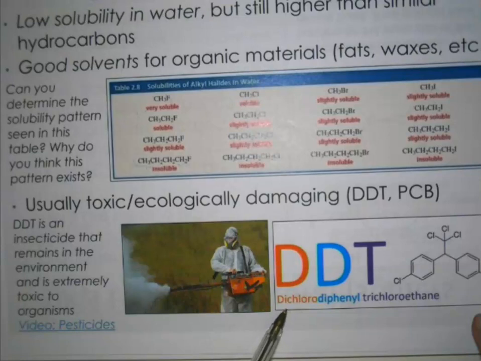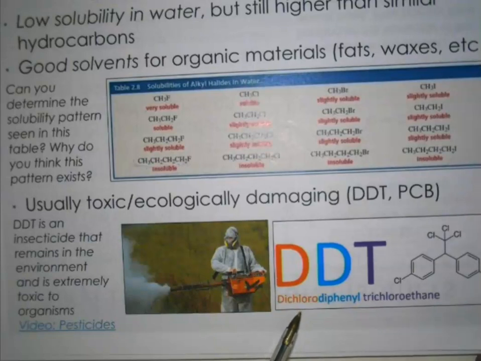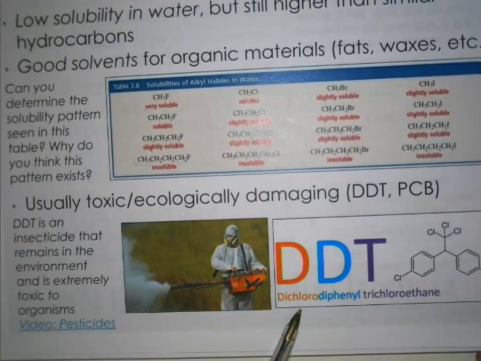And then the other problem with that is that birds, because it accumulated in their tissues, ended up with affected reproductive capabilities. One of the big effects was that they weren't able to form eggs with hard shells. So the eggshells became really, really thin, and basically when the parents would go to sit on the eggs, they would just be crushed.